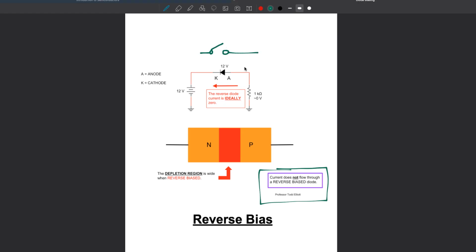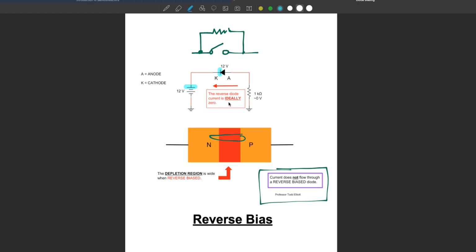It's not exactly true, but in practicality, we would model it like this, where that resistance is just the bulk resistance of the semiconductor. So how do we know it's reverse biased? Because its cathode is closer to the positive side of the battery.